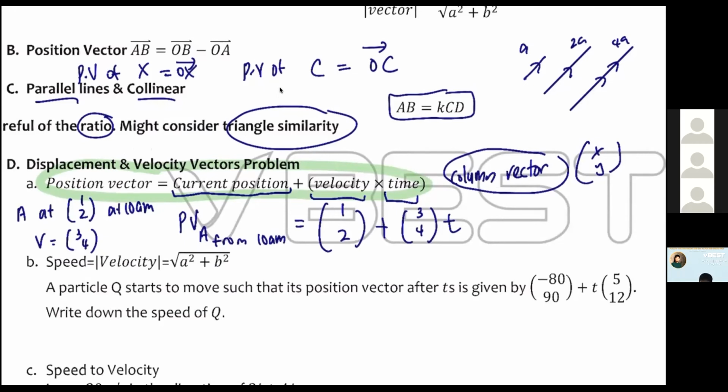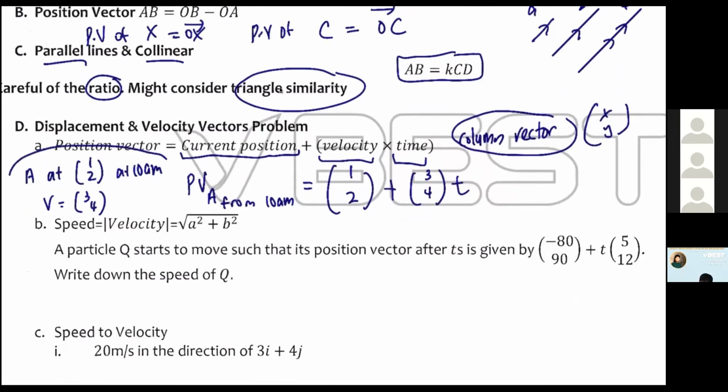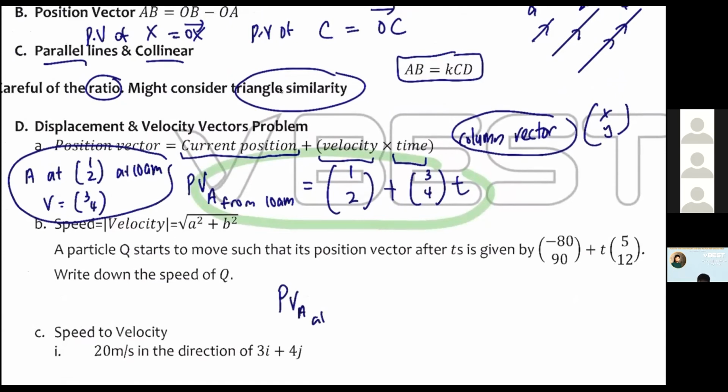Why do I need to write current position? Because, for example, this is the position at 10 a.m., and then you have this equation. What if I want to find the position vector of A at 12 p.m.? Do I still use (1, 2) plus (3, 4) times time? No, I can't use it already.